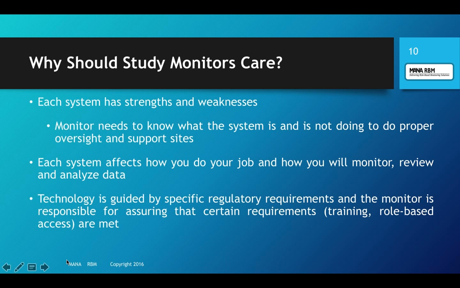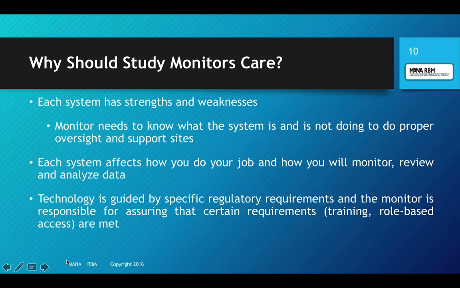Even within EDC, or eSource, some systems can do cross-visit edit checks so that you can compare data across two or three or four visits or however many. Others can't. And the reason you as a monitor need to know that is because you have to know what the system is going to check so that you know what you need to check that the system isn't doing.